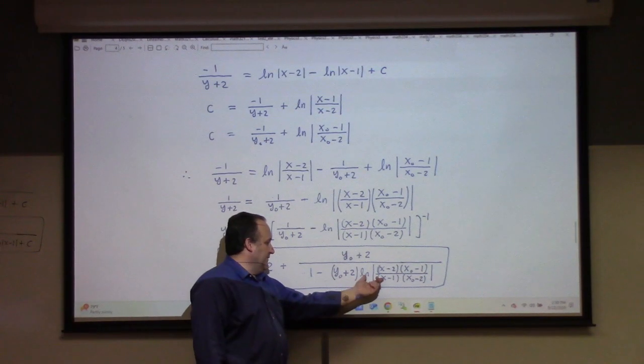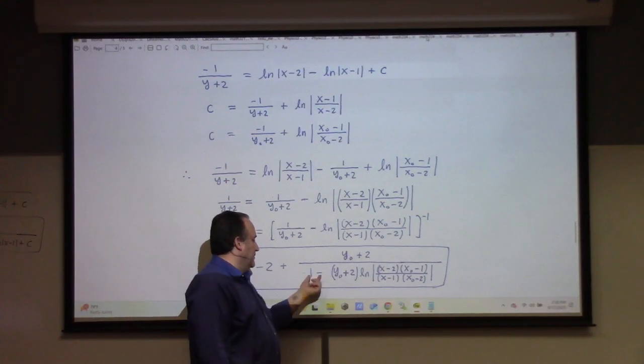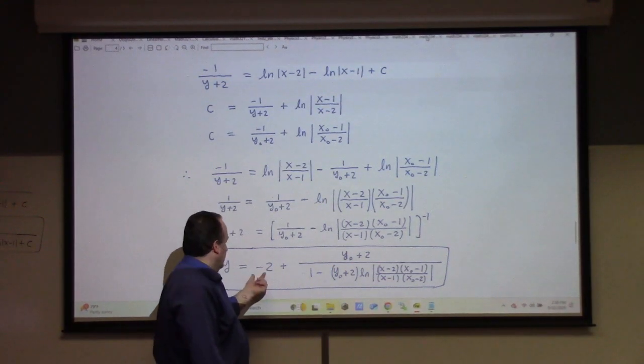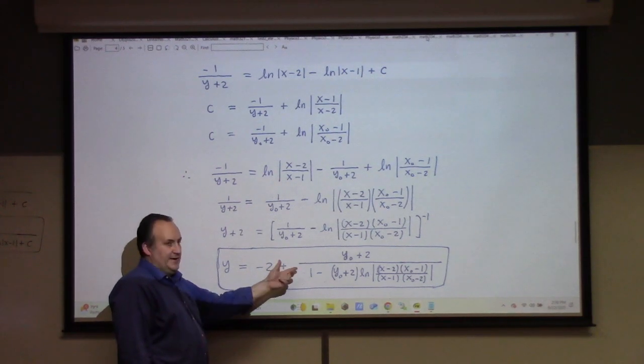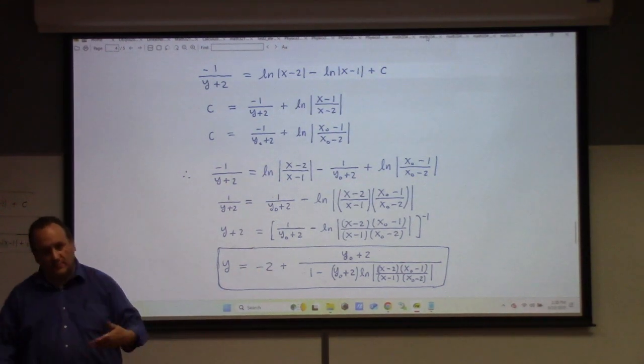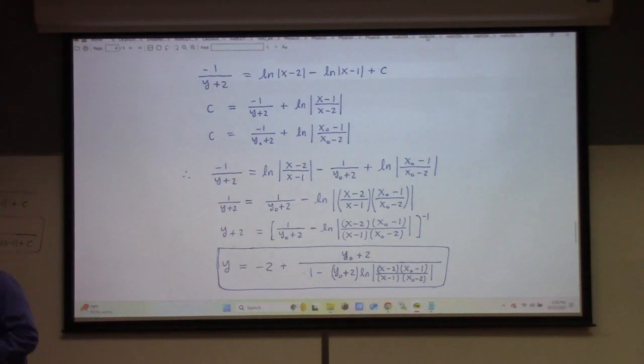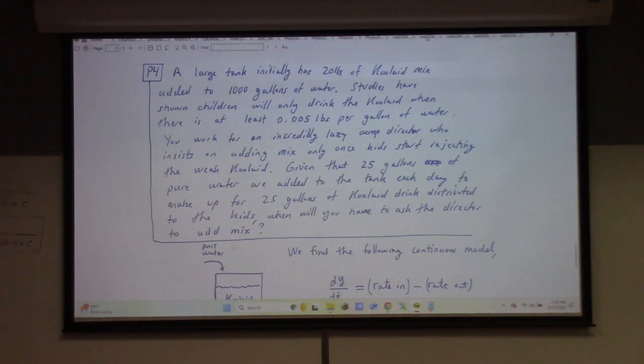So this just simplifies to y naught plus 2 over 1 minus 0. So y naught plus 2 minus 2 is y naught. So you plug in x naught, you get y naught. My solution checks, right? So sometimes I ask you guys to find a curve that goes through a given but arbitrary point. And this is the kind of mathematics you have to do. Algebra, all right?